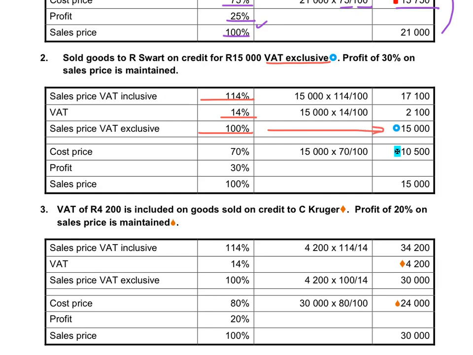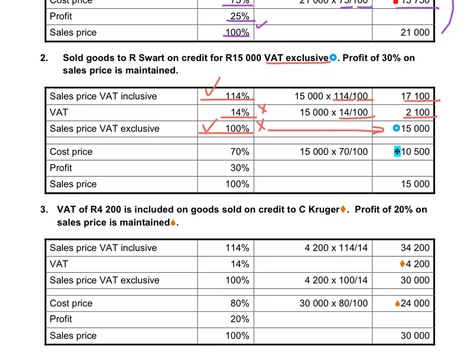If we want to know what is the total amount that the debtors owe us, we want to calculate what is the 114. So 114 divided by the percentage that we know, 100, and that will give us 17,100. If I want to calculate the VAT, I will take the VAT 14%, divided by the one that I know, 100, and that will give me 2,100.